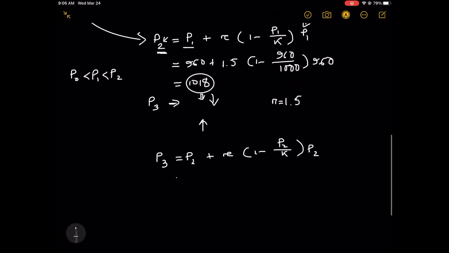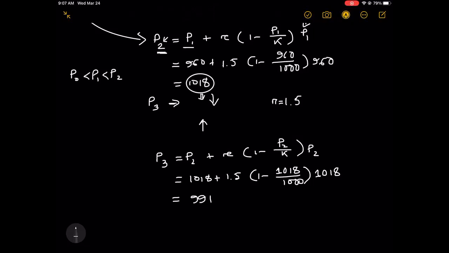If we plug in the values, P2 was 1018, R is 1.5, 1 minus 1018 over 1,000 times 1018. Now, if we calculate it using the same idea we have used before, we'll see that this will be 991, and it's definitely less than 1,000.